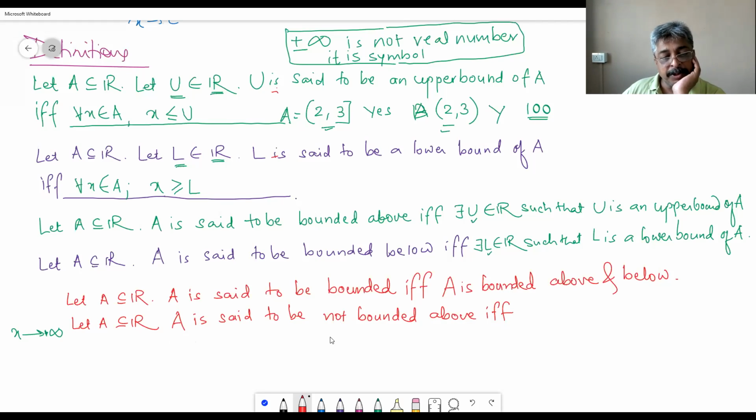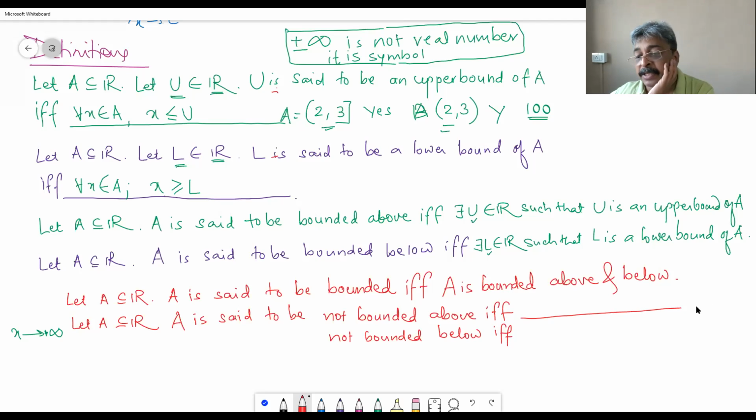And A is said to be not bounded below if and only if... If we complete these two statements, the ambiguity or the unknown statement that we had written in yesterday's definition, when we wanted x to tend to plus infinity or minus infinity, is removed by these two definitions. So how do we complete this now? A is said to be not bounded above if and only if... complete it.